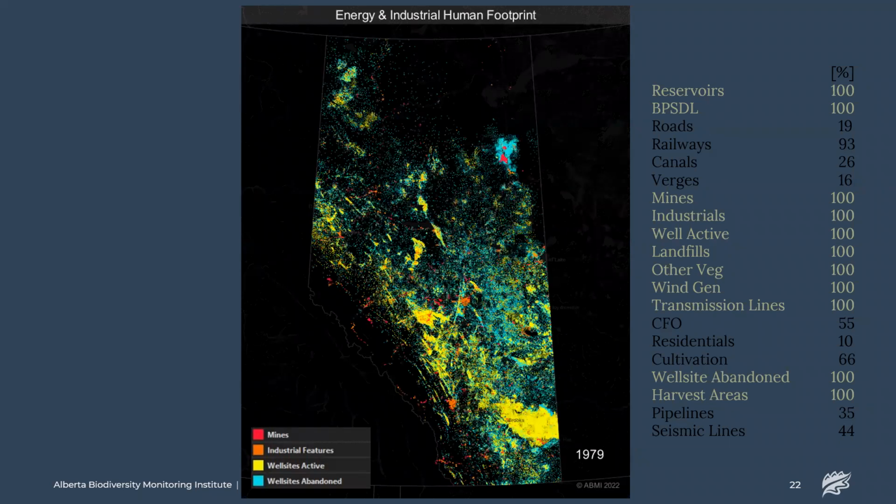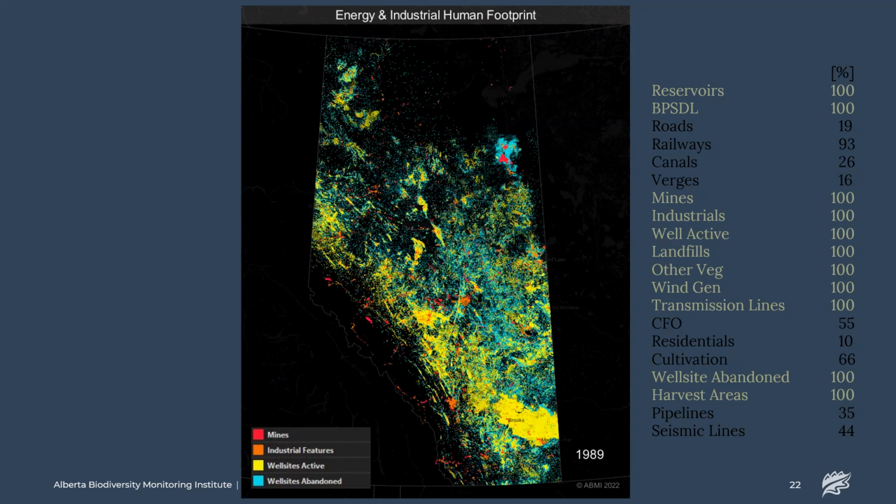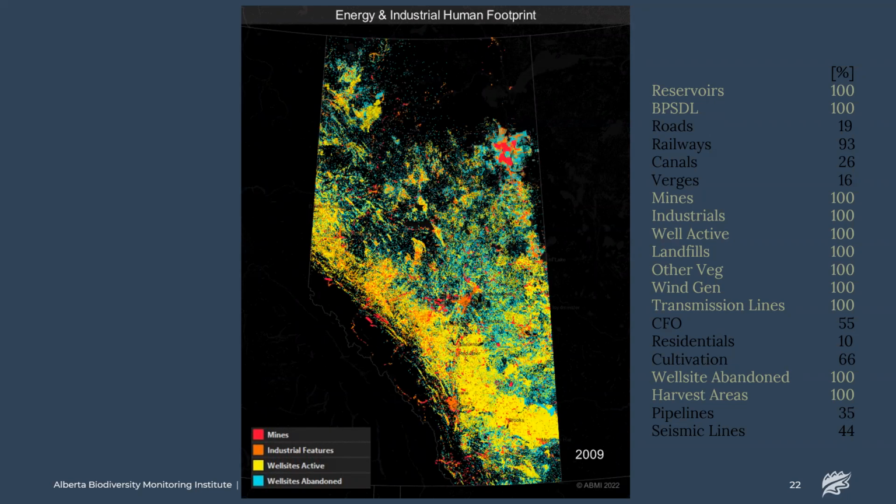But there are some automation processes that we are including into our workflow. But in the end, we are aiming to get seamless coverage on the provincial scale of human footprint with fully temporal data ready.